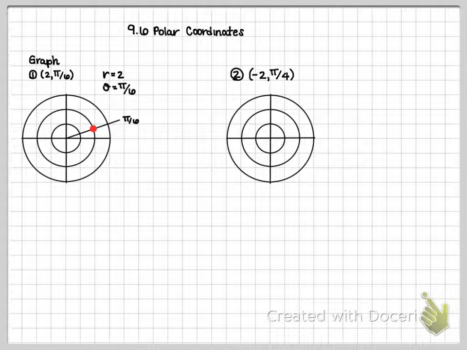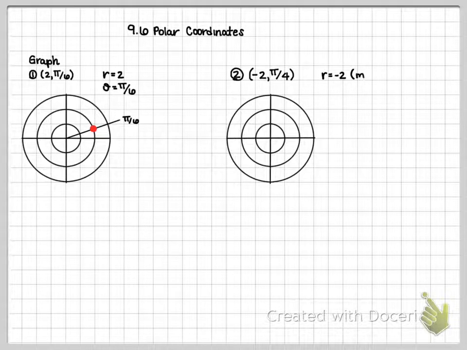Now, this one has a little bit more that we need to talk about. There's definitely an issue here. The first part tells me that my radius is -2, and that doesn't really make any sense. Whenever I have a radius that's a negative number, I'm still going to treat it like a regular radius, but I'm not going to plot the point.